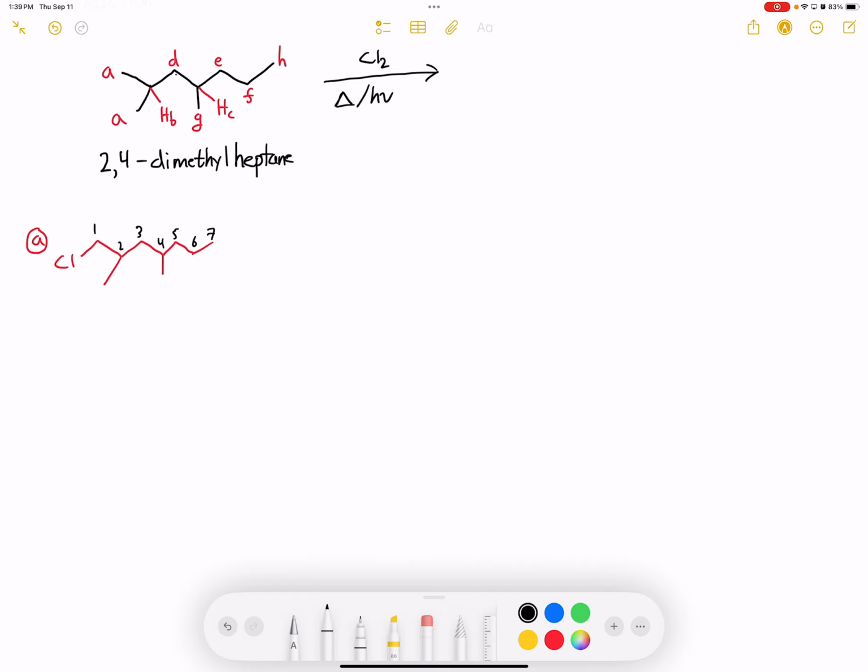I'll just number this example, and then the rest we'll just name it. So 1 chloro, 2, 4 dimethyl heptane.